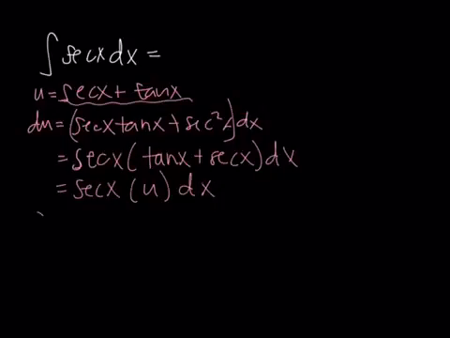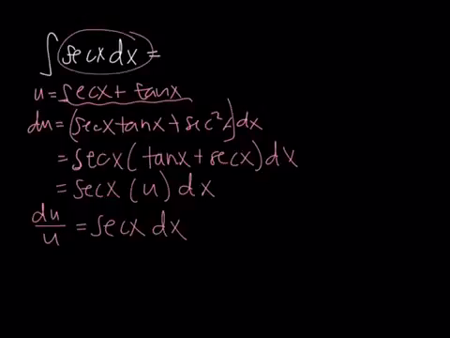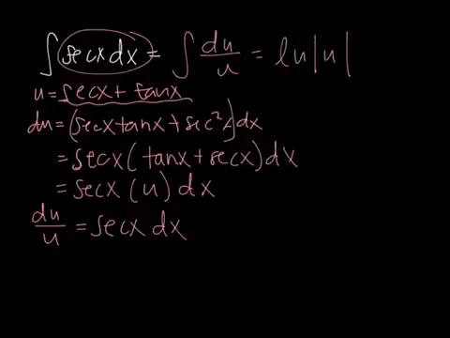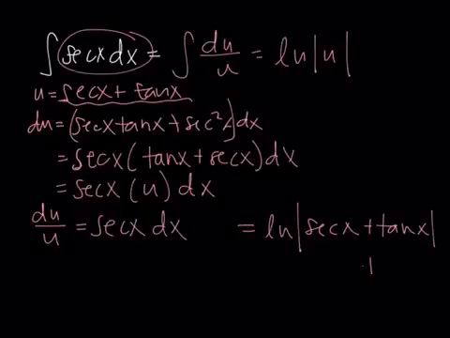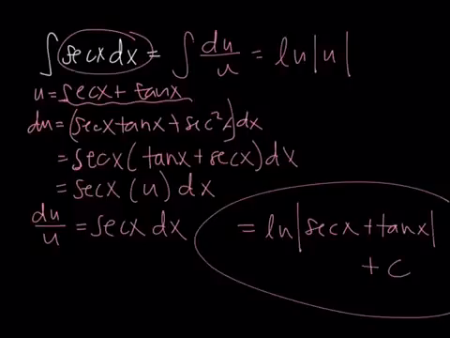And that du over u now equals secant of x dx. So this becomes du over u, which becomes ln of u, which becomes ln of secant x plus tangent x plus c. And that's your integral there.